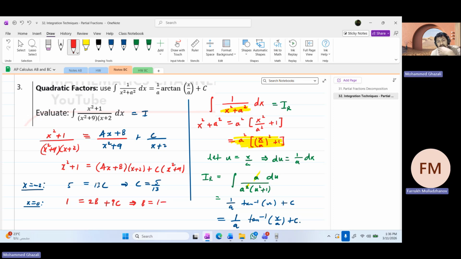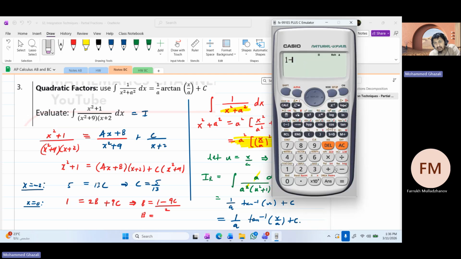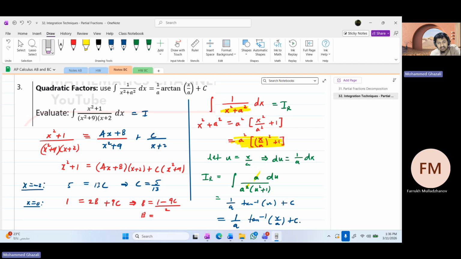Oh, no, yeah, wait. 9c. x is 0. 0 to the power of 2, yeah, right, sorry. 1 minus 9c divided by 2. But we always solve for c, okay? So we can get a value for b. I'm just going to put it in the calculator. 1 minus 9 times c. c is 5 out of 13. And dividing it by 2. We're getting -16 over 13, all right?